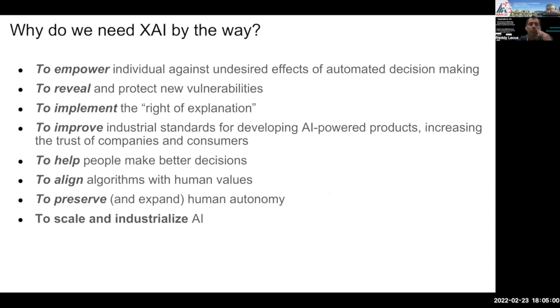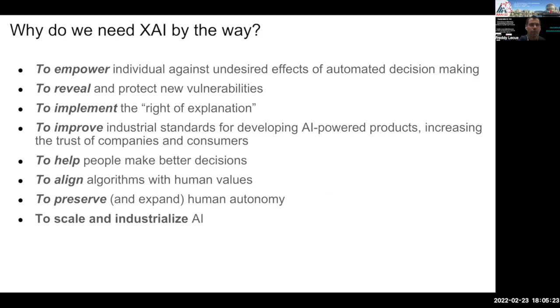It's important because it reveals and protects against new vulnerabilities. It's used to debug, to make the model better, to make the model scalable, to detect bias and discrimination, whatever metrics you care about, it will reveal important effects of what you're doing with your model.